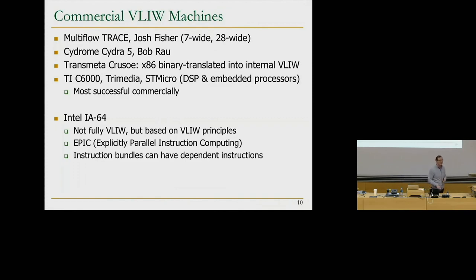Basically, they figured out that it was very difficult for the compiler to pack many independent instructions into a single bundle. So they allowed the compiler to have some dependent instructions, except they asked the compiler to specify which instructions are dependent on which others to make the hardware's job easier. So hardware still doesn't need to do full dependence checking.